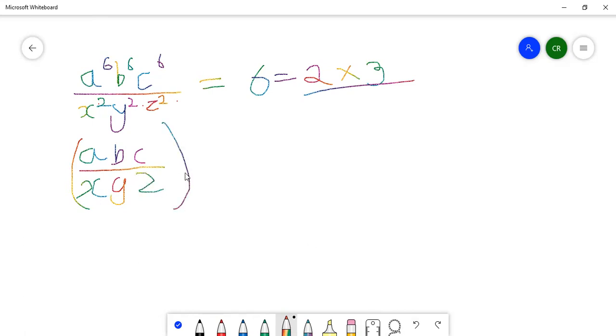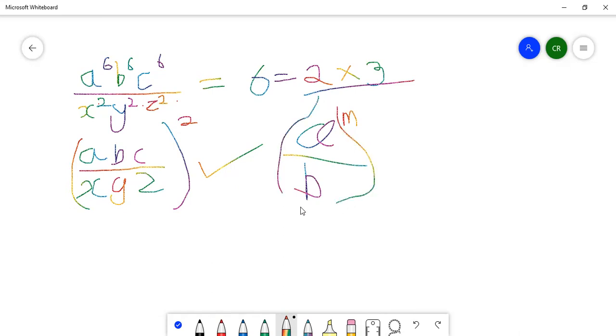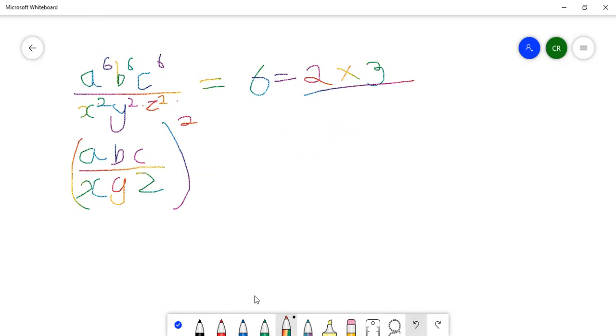Sorry, my handwriting is bad. Now 2 is common on both sides. This is in that format, right? Now we need to simplify it. Here 3 is still remaining, as we did not make this in the form of 6 as the exponent. So the 3 will come as a to the power m whole raised to n.